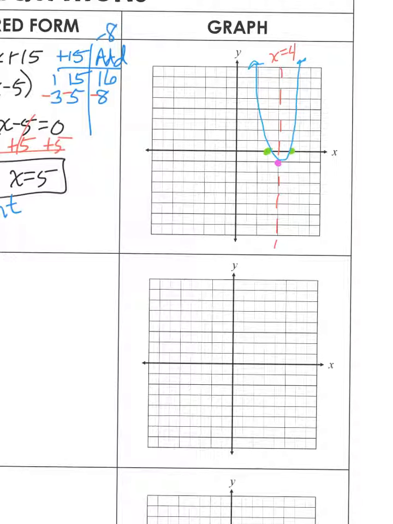So domain is always for these -infinity to +infinity, because this is going to go infinitely to the left and infinitely up and to the right. The range is limited by the max and min value. So because we have a minimum, it is going to go here on the left.